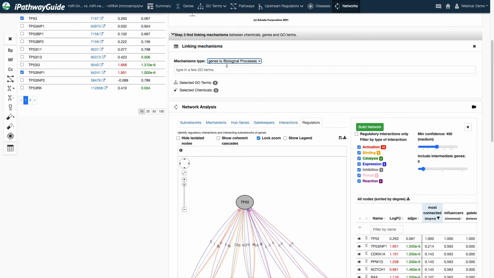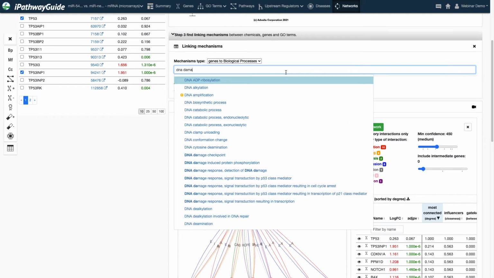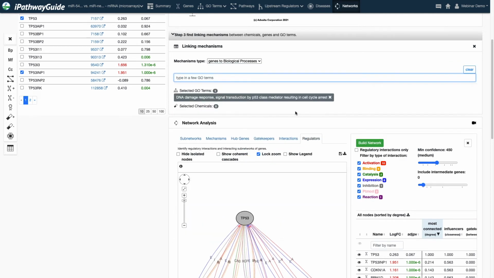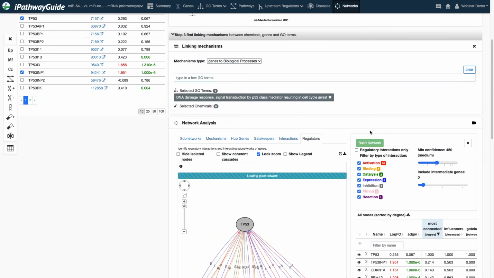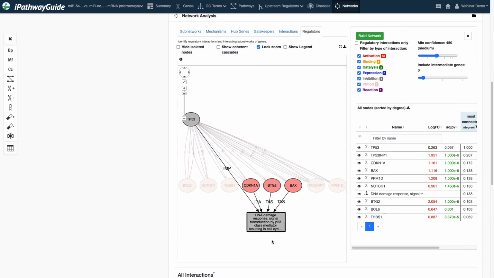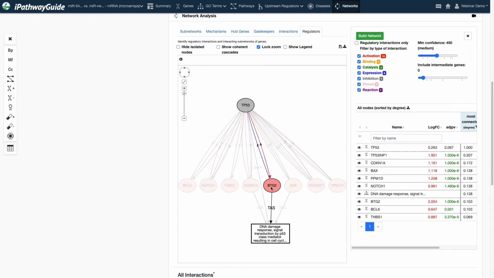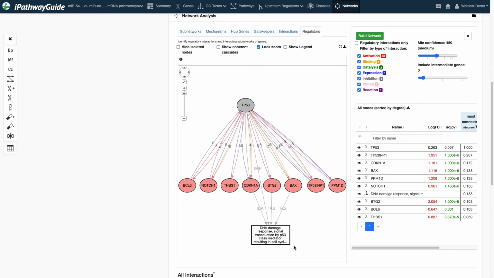We could ask, how are these specific genes related to our most important biological process, which was DNA damage response? And here's the mechanism through which they influence that. It's specifically these 4 genes: CDKN1A, BTG, BAX, and TP53 that mediate this DNA damage response.